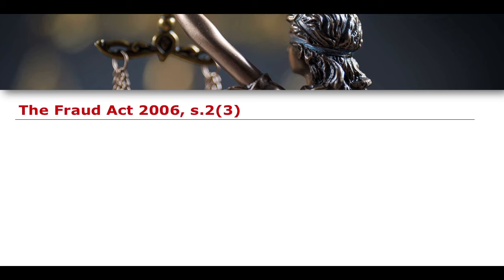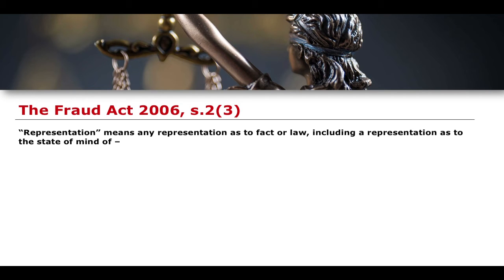And then finally, subsection 3 defines what a representation is. A representation means any representation as to fact or law, including a representation as to the state of mind of the person making the representation, or of any other person. So a representation is simply a way in which you can present fact or law, including the state of mind of the person making that representation, or even the state of mind of any other person.